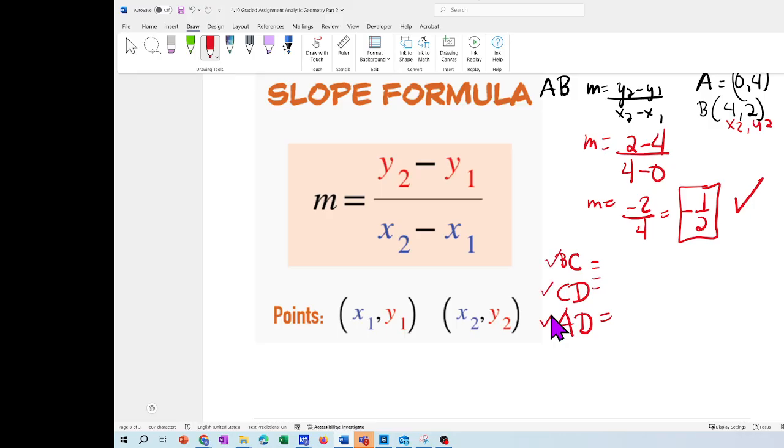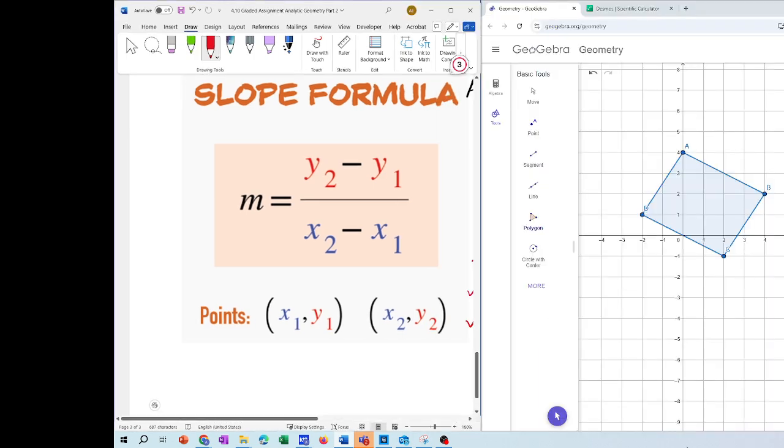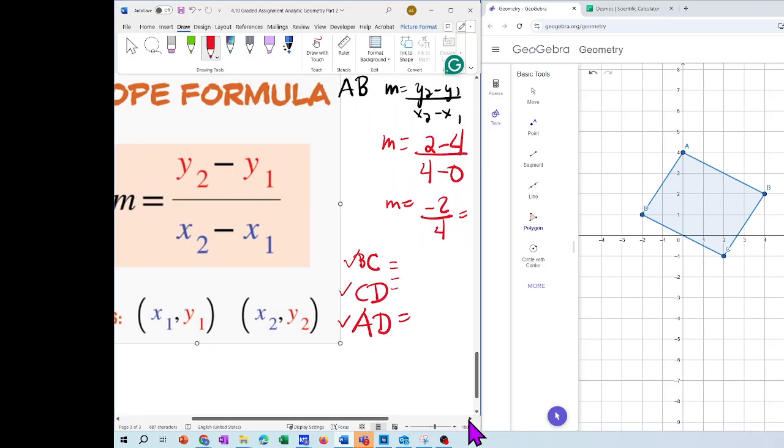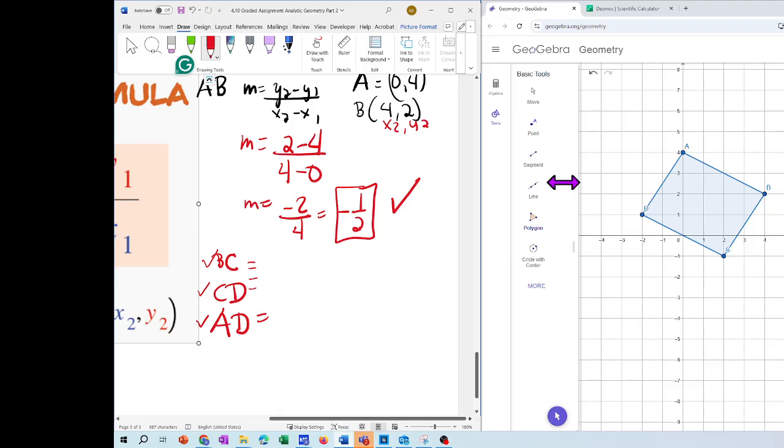Now I'm going to help you out. Which ones are going to be parallel? AB should be parallel to DC. So this side and this side, DC.